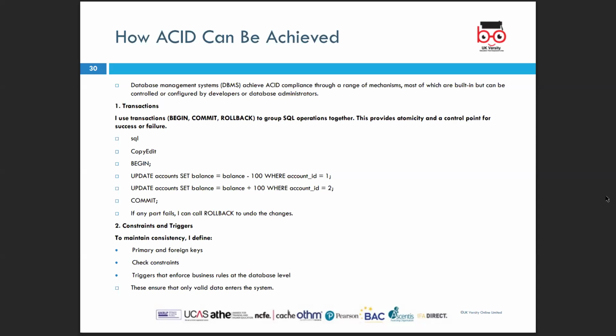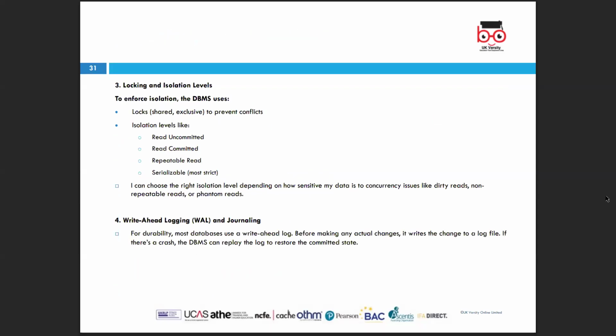Constraints and triggers. This is to maintain consistency, and we can define our primary and foreign keys, check constraints, and triggers that enforce business rules at the database level, and this ensures that only valid data enters the system. Locking and isolation levels.